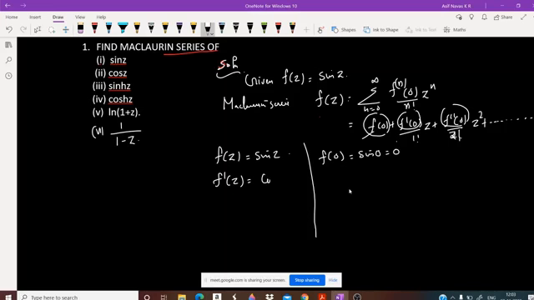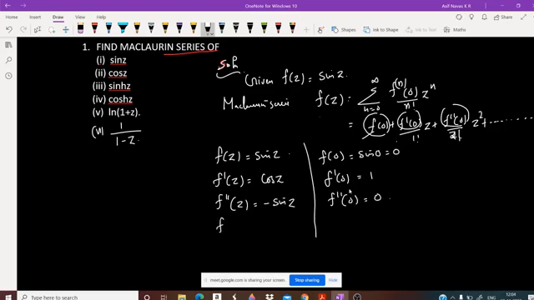Derivative of sin z is cos z. Okay, so what is f dash of 0? Cos 0, that is equal to 1. Now I find f double dash of z is equal to derivative of cos z, minus sin z. So f double dash of 0 is 0.